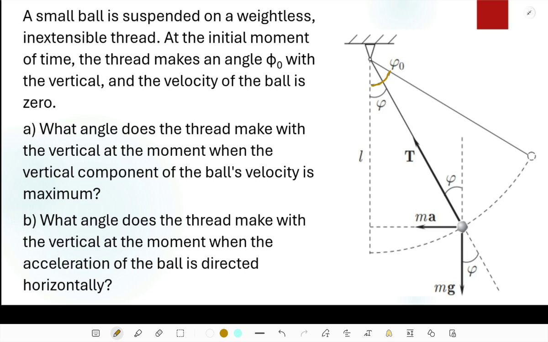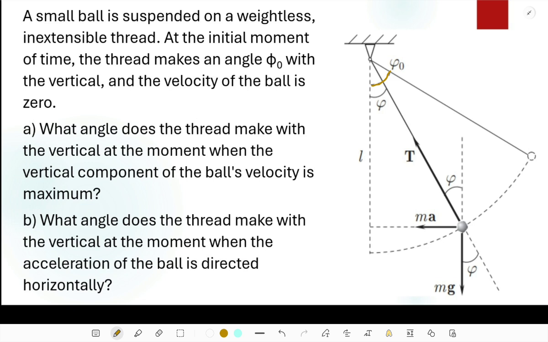Okay, and when the vertical component of the velocity is maximum, the vertical component of the acceleration should be equal to 0. That means if there is some acceleration, it must be horizontally directed.